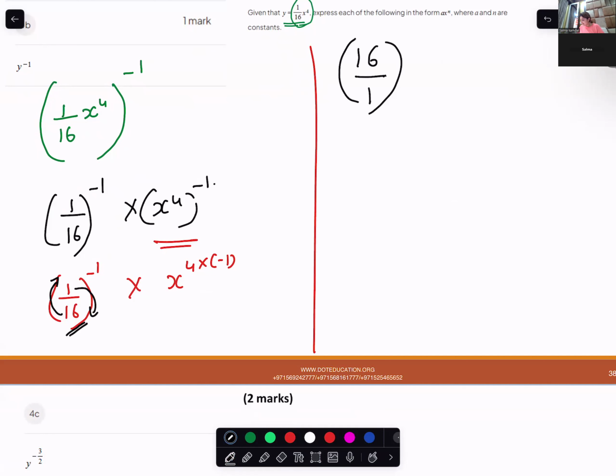And the power will become positive, that is 1. Then a raised to m raised to n makes it a raised to mn. So this will become x to the power minus 4. So the answer is 16 x raised to minus 4.